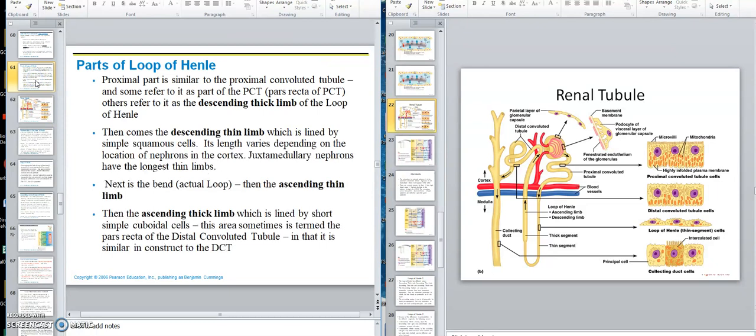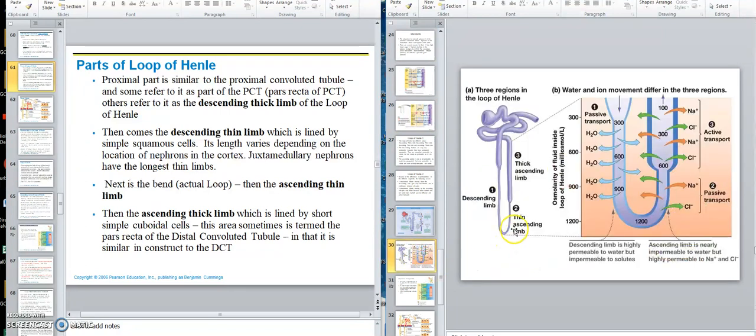The design of the loop of Henle is basically this. We'll look at this real quick. The design of the loop of Henle is that you have a descending thick limb, a descending thin limb, an ascending thin limb, and an ascending thick limb.